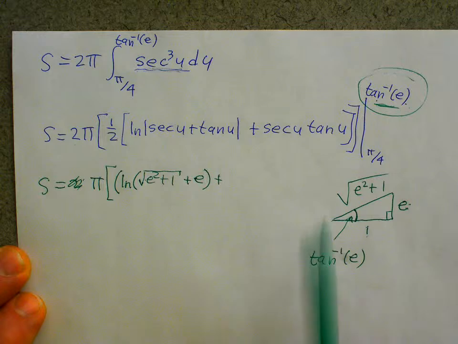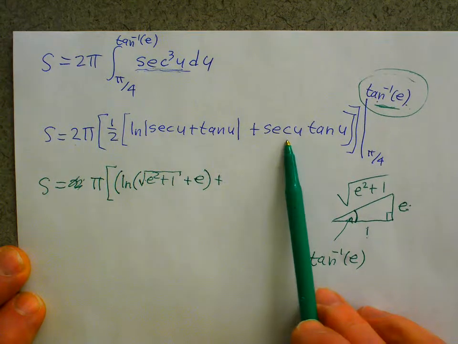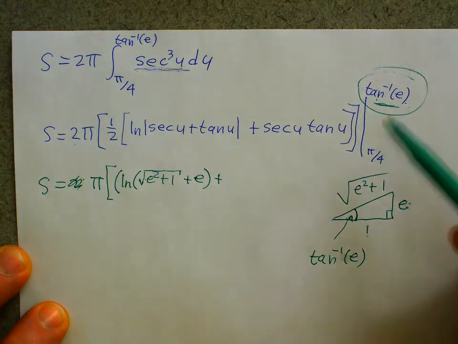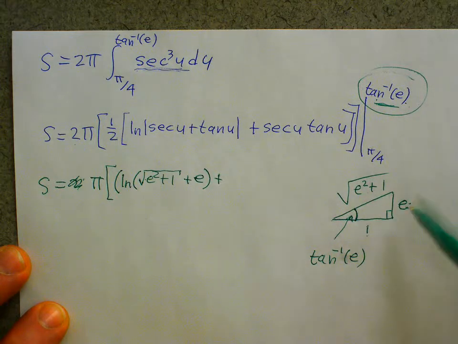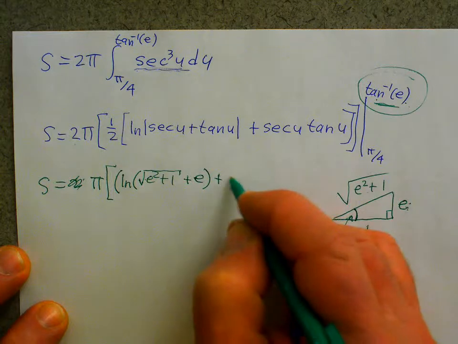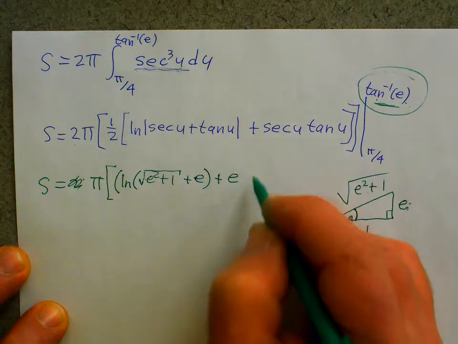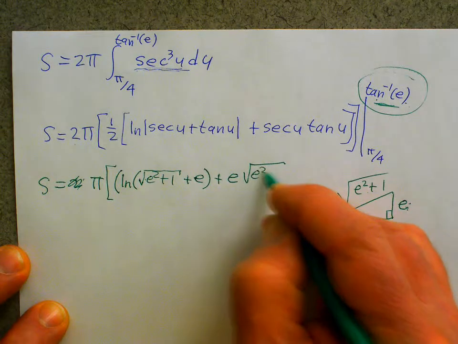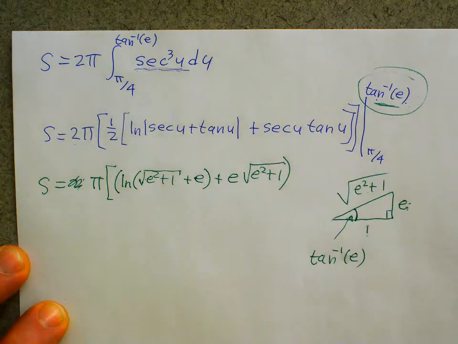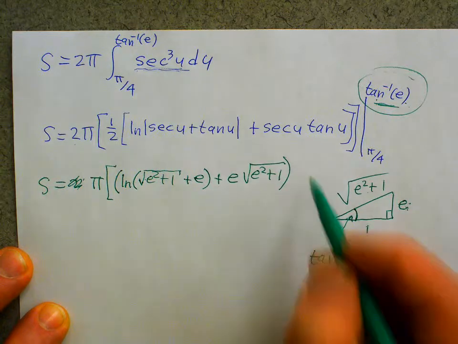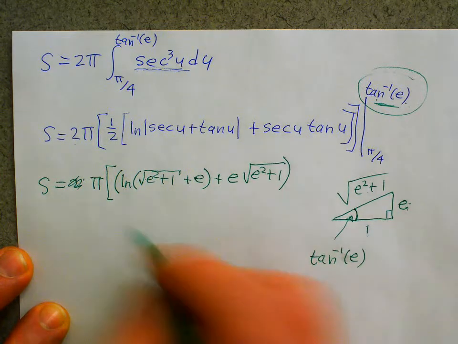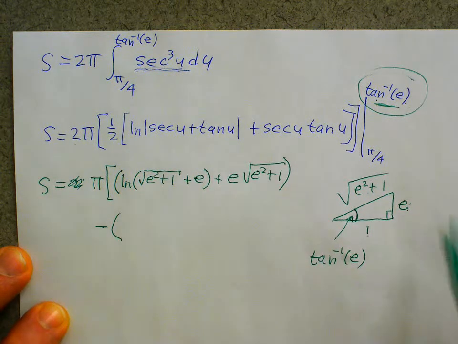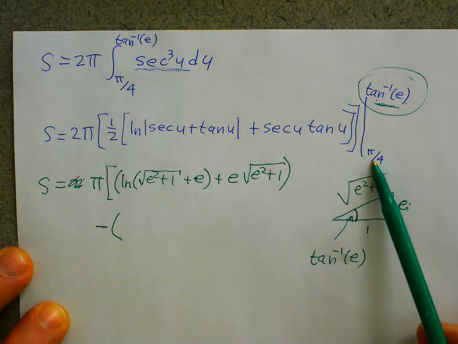And then plus the product of secant of u and tangent of u. So that will be the square root of e squared plus 1 times e, but I'll write it as e times the square root of e to the second plus 1. Okay, so that's the upper limit, and then we subtract what we get from the lower limit. The lower limit is pi over 4.